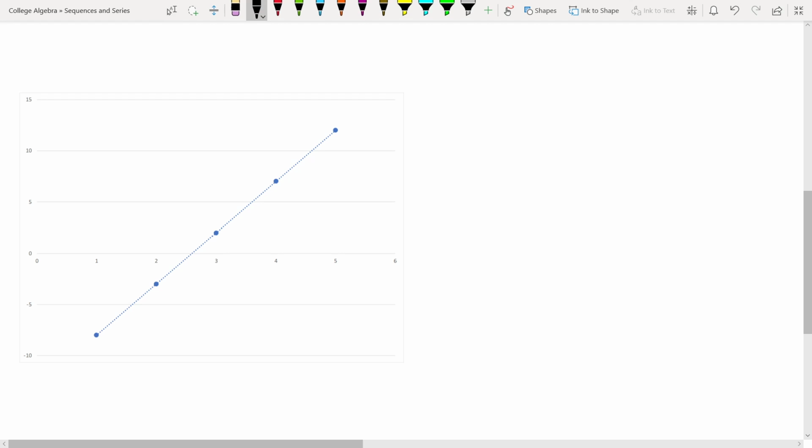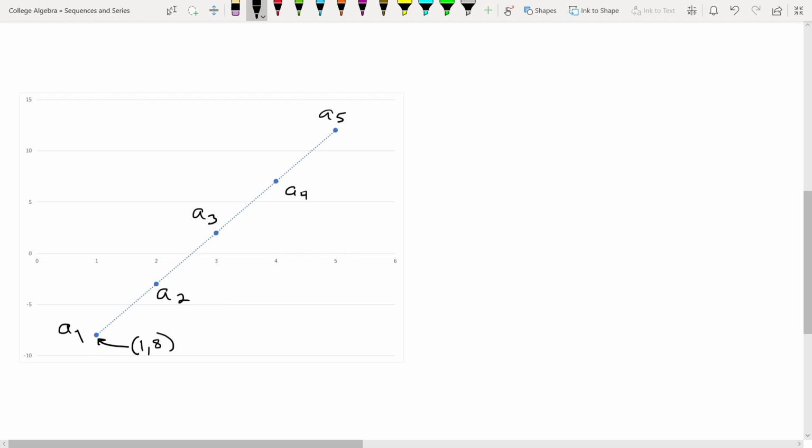So this right here is A1. This is A2, A3, A4, and A5. And it definitely looks like it's linear, right? It follows this line straight through. Well, let's see if we can actually show that it's linear. Let's look at this first one at A1. That coordinate is (1, -8). Now, let's use the line here.